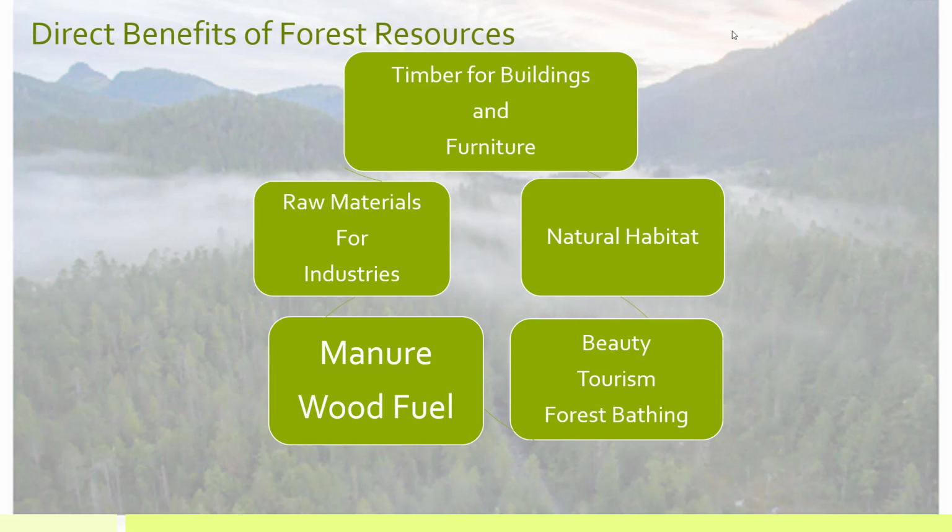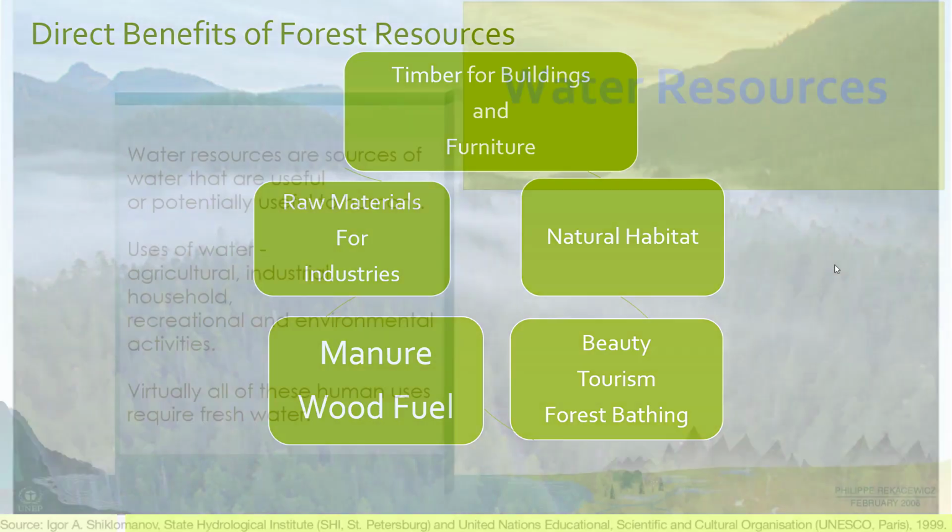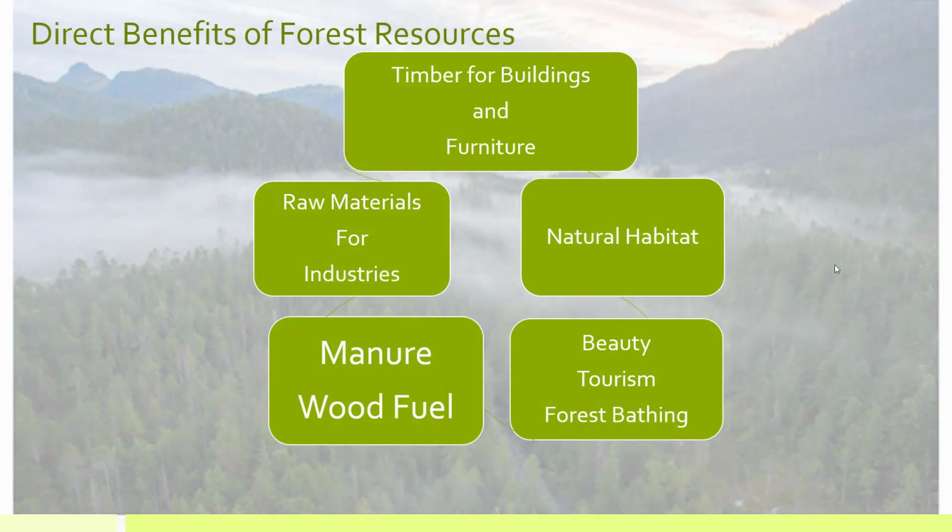Okay, so if we look at some direct benefits for resources, I'm sorry about that. We have timber for buildings and furniture. Natural habitats are essential for our flora and fauna to thrive. We also rely on, going down to the right here, we rely on forests for beauty and tourism. There's a very popular movement called forest bathing, and it has initiated in China.